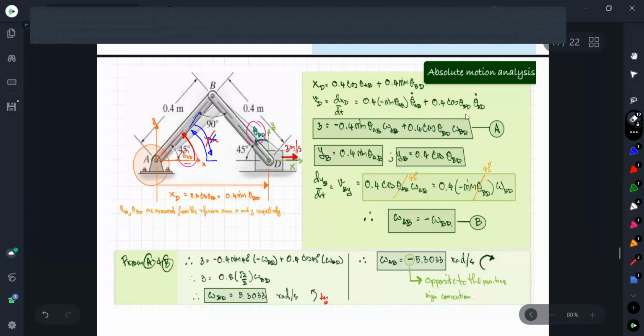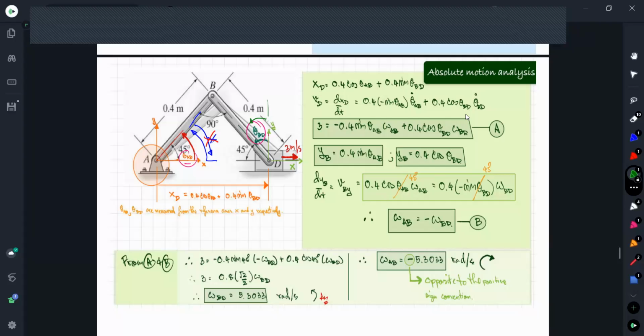So I set up the reference differently: for the BD member, I set up Y as the reference instead. So we measure from Y, the reference, to link BD, the link that has motion, and we find counterclockwise is positive also.